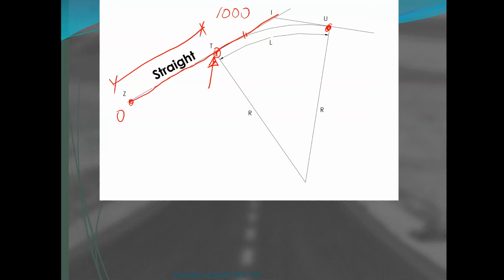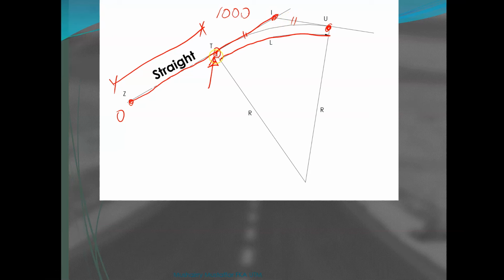I'm just trying to explain the concept here. So we can calculate the distance there. We call it chainage of T. Then to get chainage of U, we're going to add L. L is just the length of the curve. We are not going to add that distance from there.